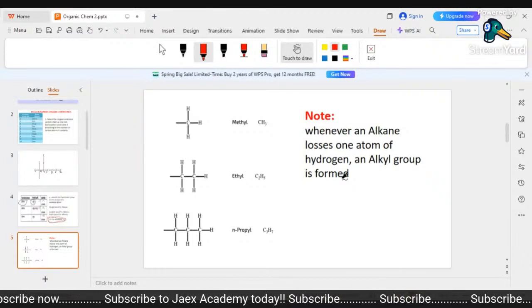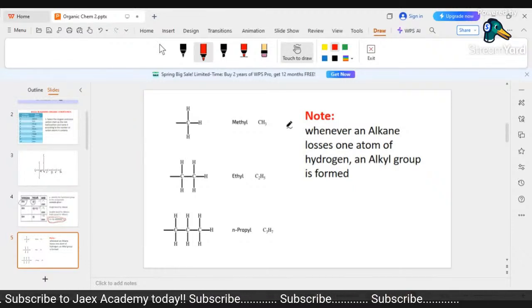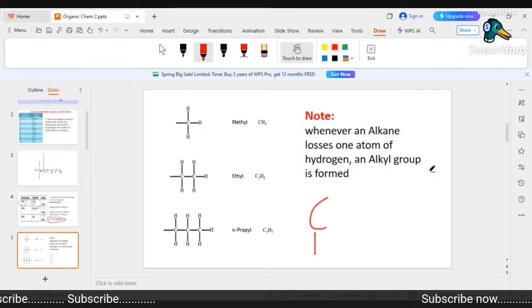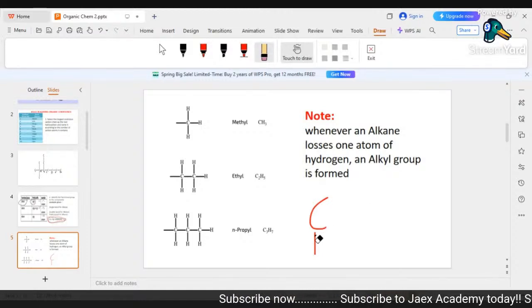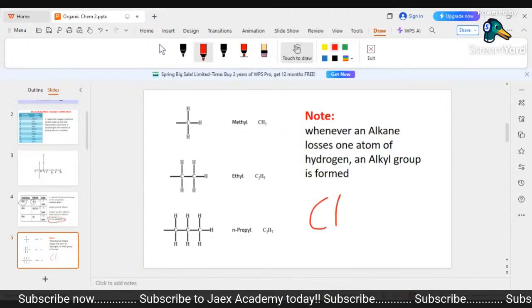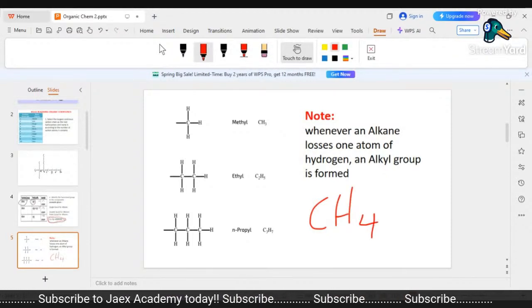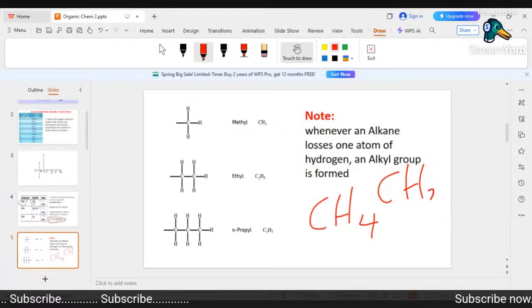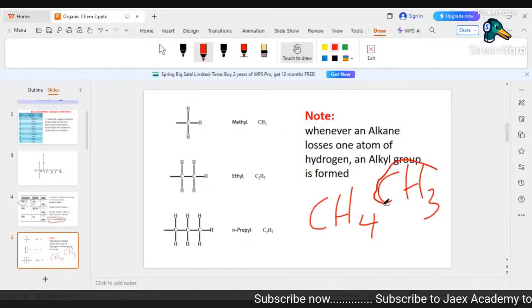So I said before we look at an example, whenever alkane is CH4, which is methane, so whenever CH4 loses one hydrogen atom to become CH3, an alkyl group is formed, right?